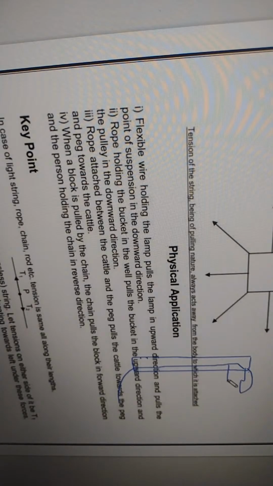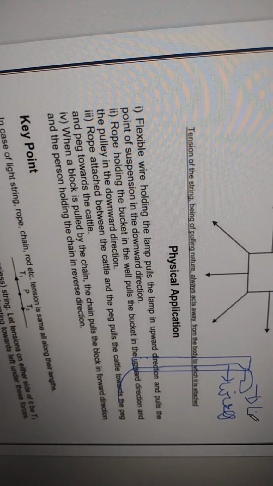Suppose these are the wires, and these wires are holding the lamp, the small bulb or whatever you say. This is a light.